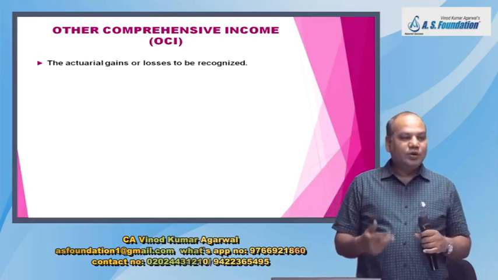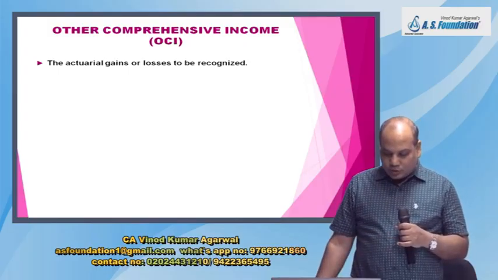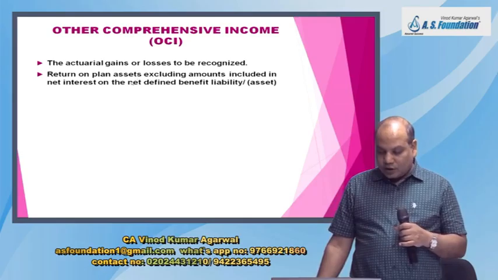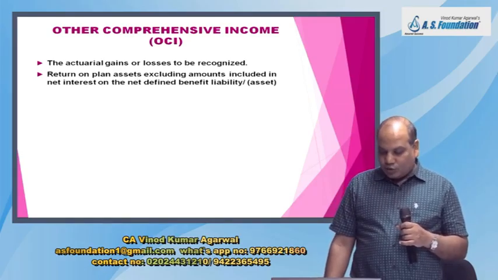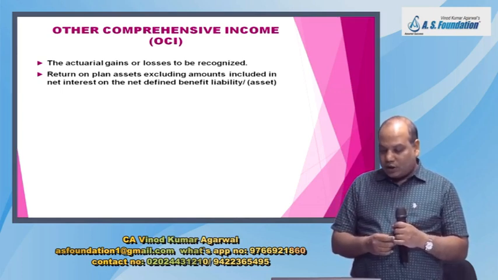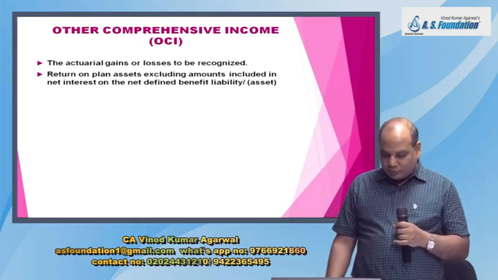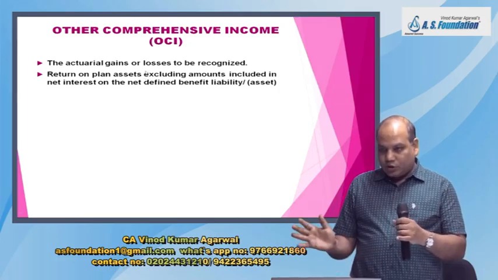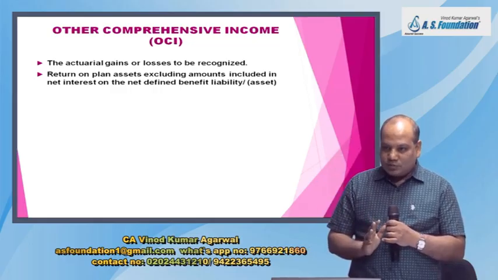So now the question is, what are the items that we show in OCI? One, actuarial gain and loss. Second is return on plan asset, excluding amount included in net interest on the net defined benefit liability or asset. Only this portion. Interest portion will go to P&L account.